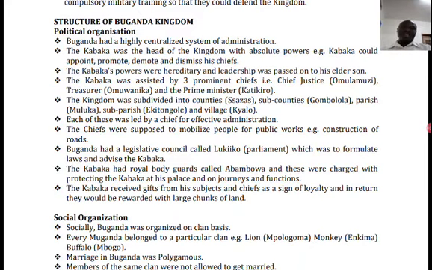Kabaka's powers were hereditary, meaning that leadership passed on from him to his eldest son. Similarly, even in Buganda Kingdom, leadership had to be passed on from father to the eldest son. That brings out the gist of the matter that leadership in Buganda was hereditary.